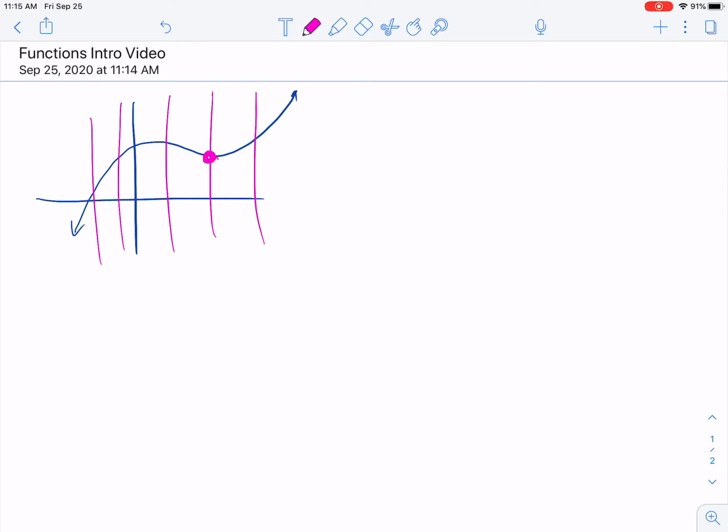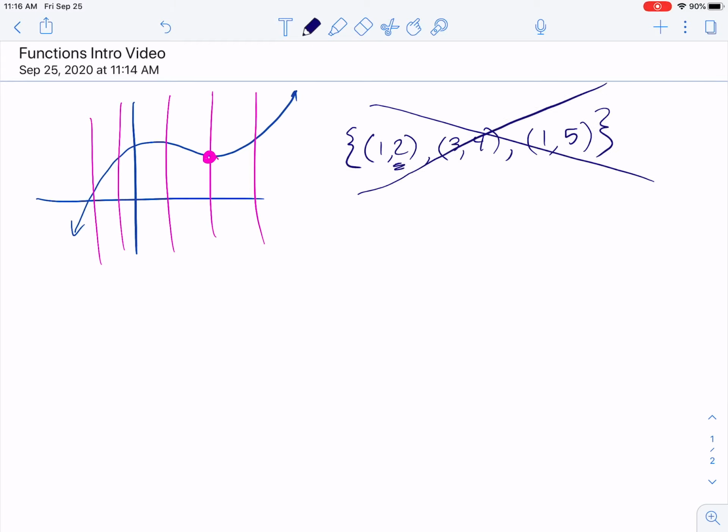We could also look at the situation where they've given you a set of points, and so we have like 1, 2, and we have 3, 4. If you have something like, and it gives you 1 and it assigns it another value, this would not be a function because 1 is being paired with 2 and being paired with 5.